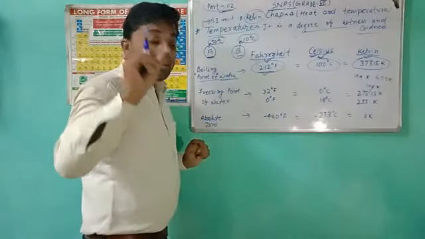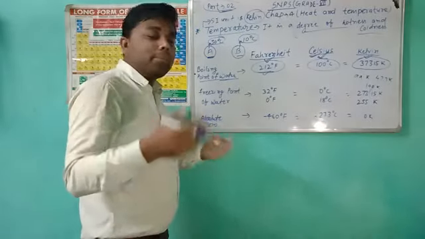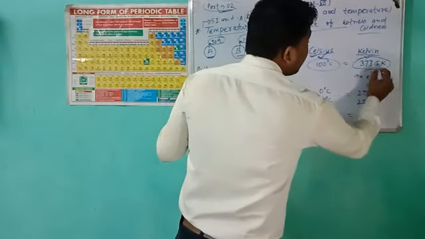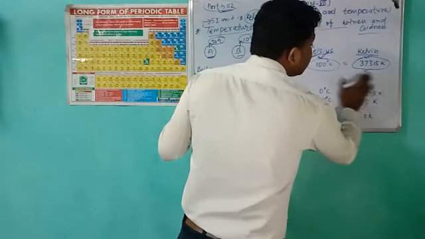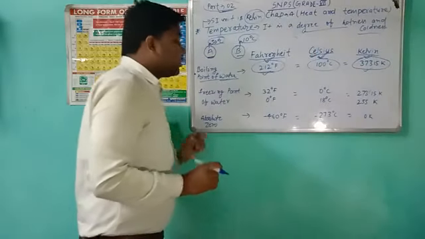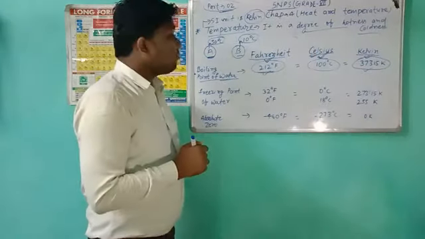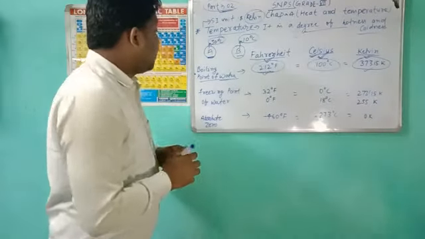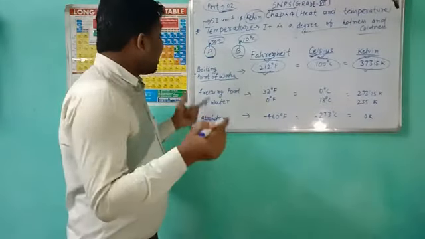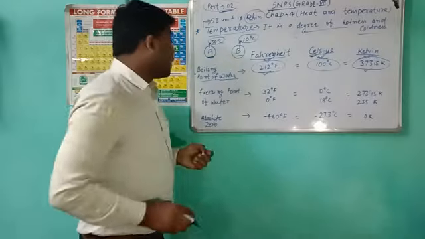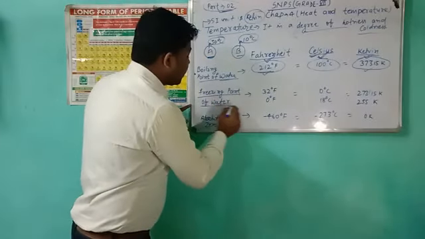The boiling point of water is simply 373.15 Kelvin. This is a very simple question, and it will be asked in your exams, so be prepared.